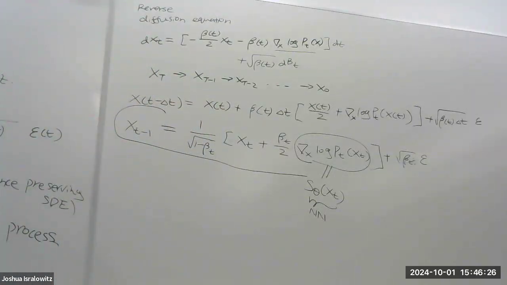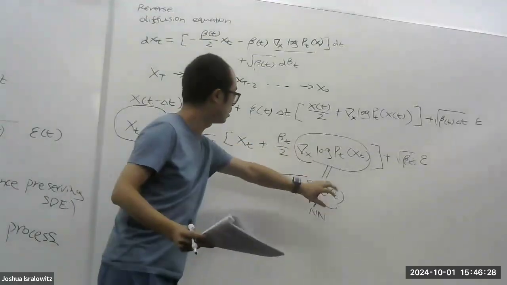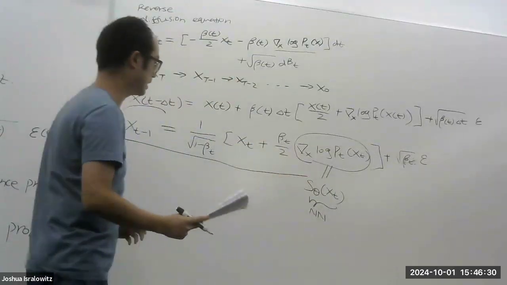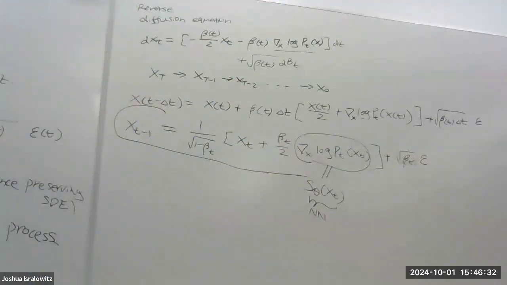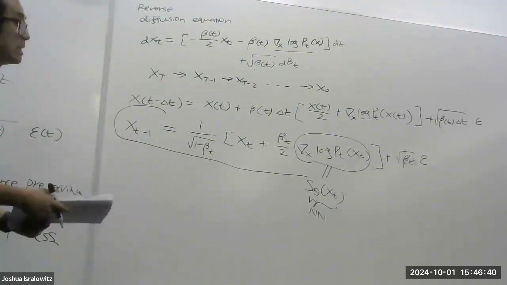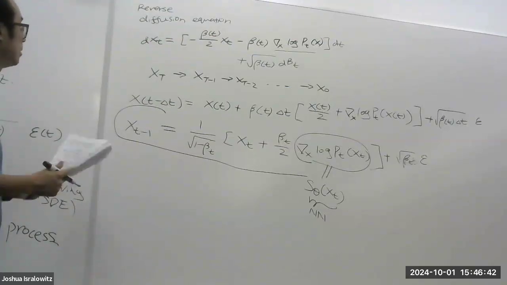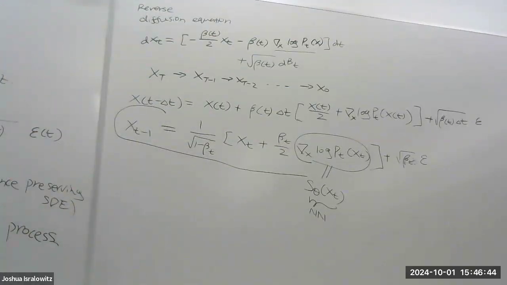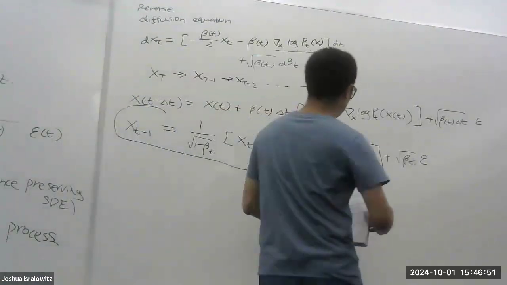If we can approximate it by this S theta xt, then we can go through this process very quickly. And because everything is like an SDE, there are a lot of tools that can speed up the reverse diffusion equations. But the tricky thing is, what is this quantity?